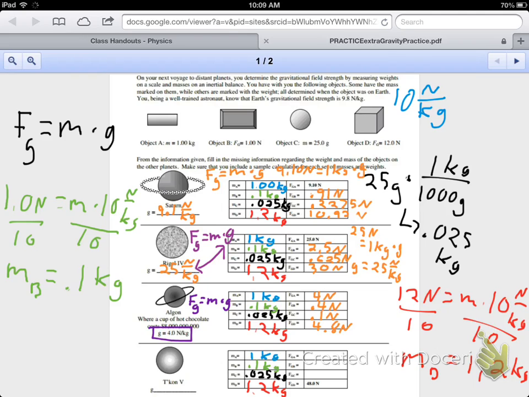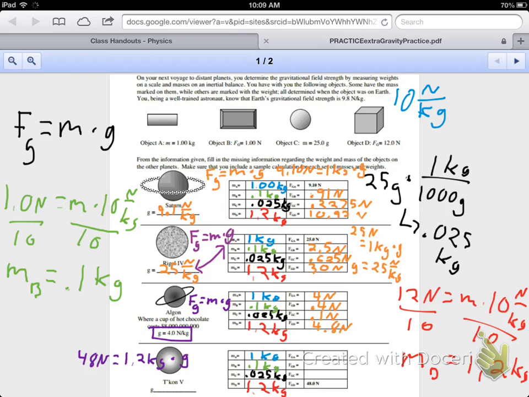And the last one, Kon 5, we're given a force due to gravity on object D of 48 newtons. So again, we have 48 newtons equals the mass, 1.2 kilograms, times the gravitational field strength on the planet.